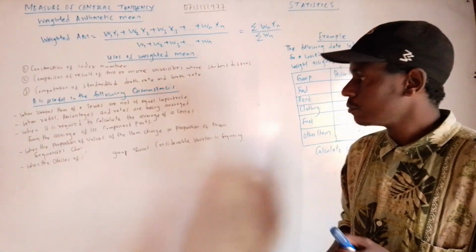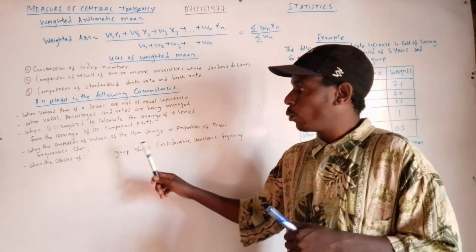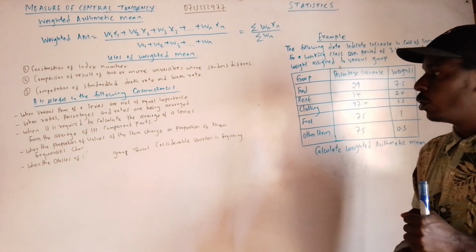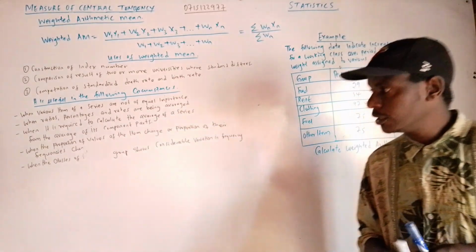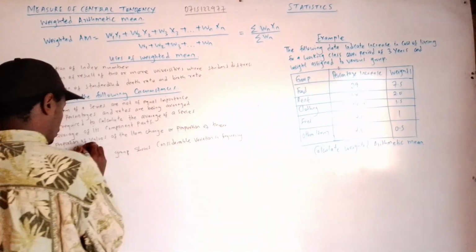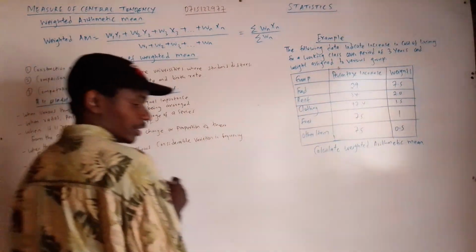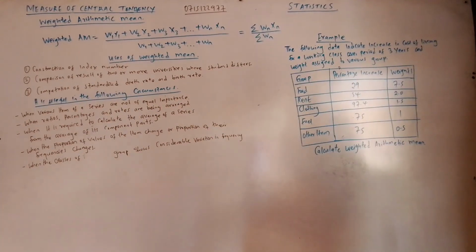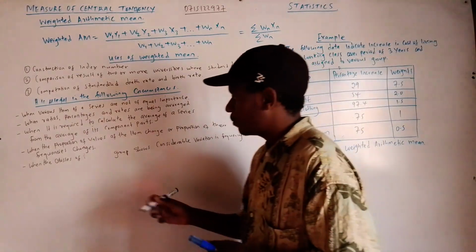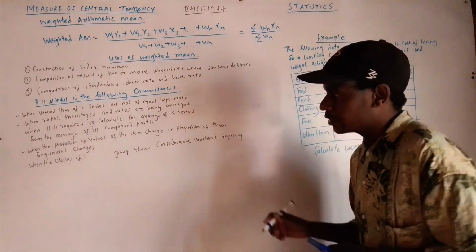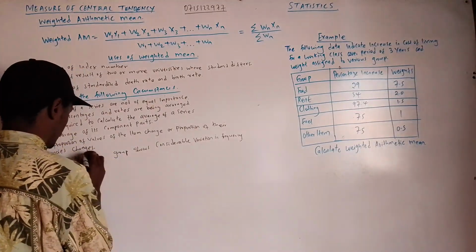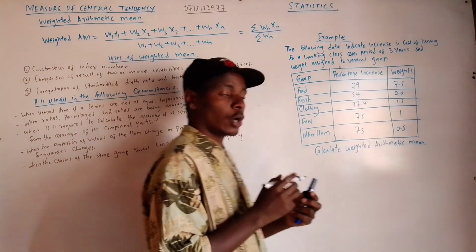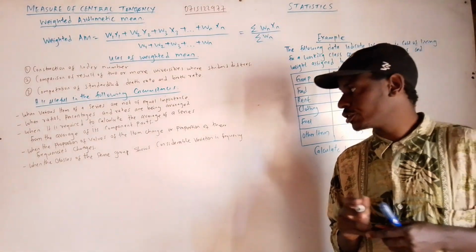And then when the proportion of the values of the items changes, or when the proportion of their frequencies also changes, it becomes useful. And then when the classes of the same group show a considerable variation in frequencies.